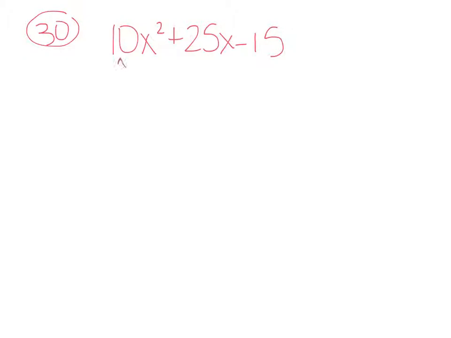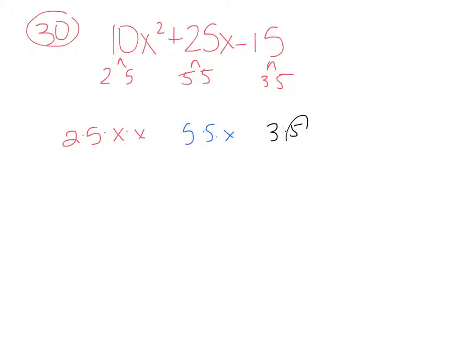Before I start, I'm going to do a factor tree, and I'm going to write out my prime factorization of all of these. So 10x squared is 2 times 5 times x times x. 25x is 5 times 5 times x. And 15 is just 3 times 5. So if I look, they all have a 5 in common. So my GCF is going to be 5.